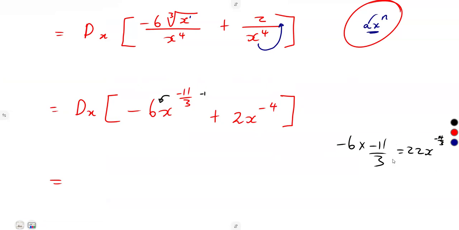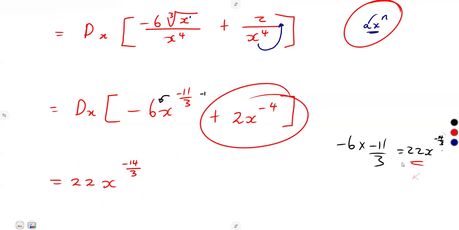So that's our derivative. We have differentiated, drop the power, subtract 1. You're going to obtain 22x to the exponent of minus 14 over 3. Sorry for that, I think it's a network or something. All right, so that's it.